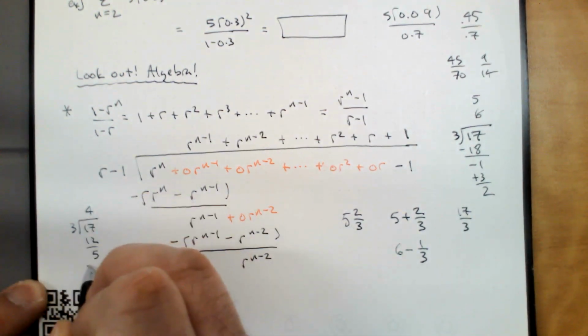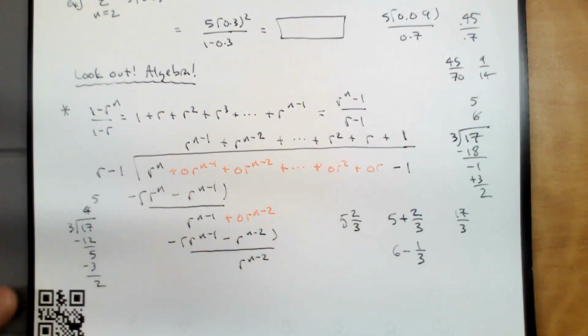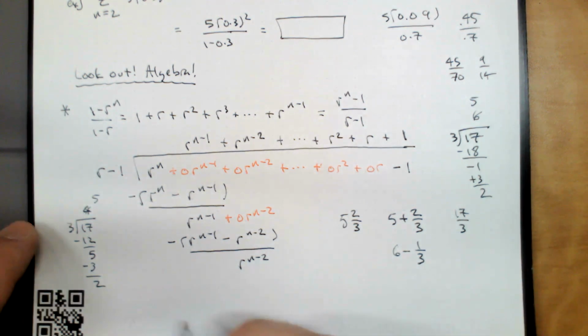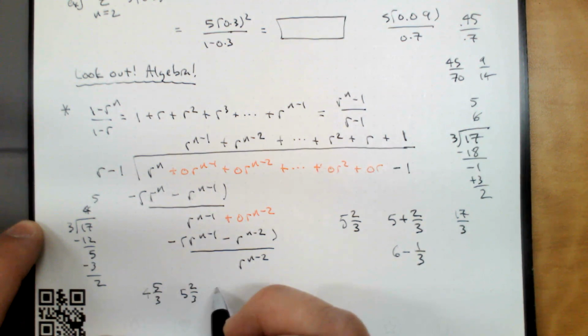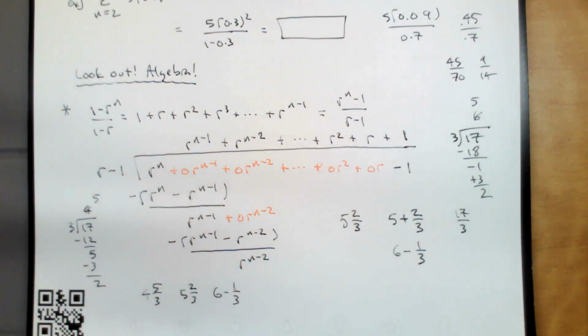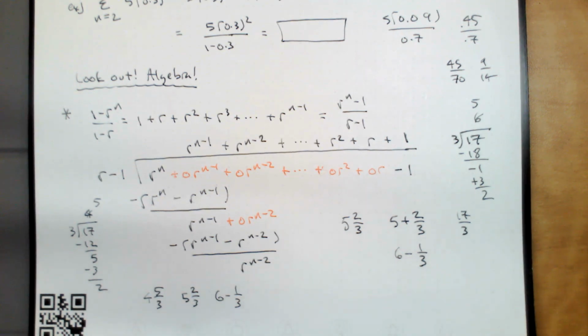So subtract another 3. 4 and 5/3. 4 and 5/3. 5 and 2/3. 6 and -1/3. Same quantity. It's just that we've decided that this one is the correct one. This is how we're going to speak this quantity. And that's how we're going to write this quantity.